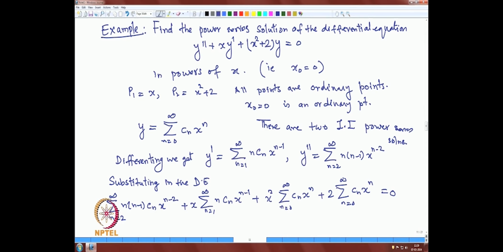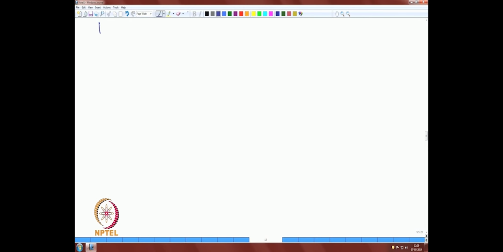Since x is independent of the index, we may rewrite this. So, rewriting, we get summation n goes from 2 to infinity n into n minus 1 Cn x to the power n minus 2, the first term, plus summation n equal to 1 to infinity n into Cn x to the power n, plus summation, if we just multiply each term by x, you get x to the power n, and n goes from 0 to infinity, the third term.